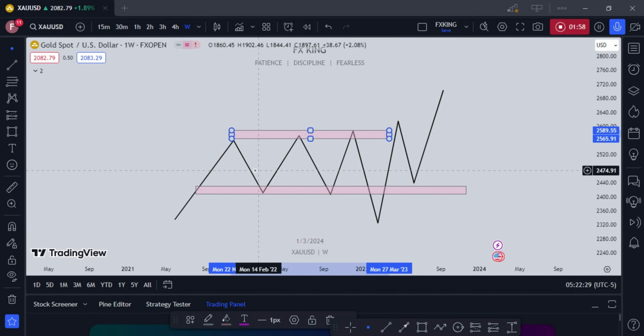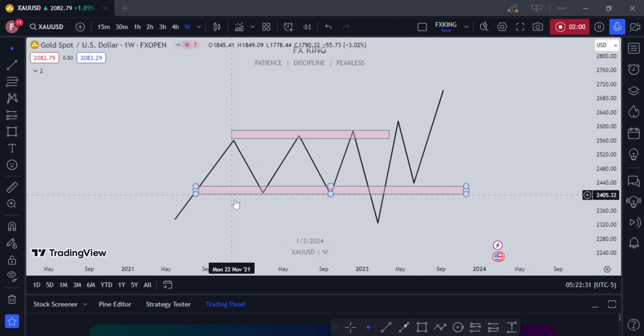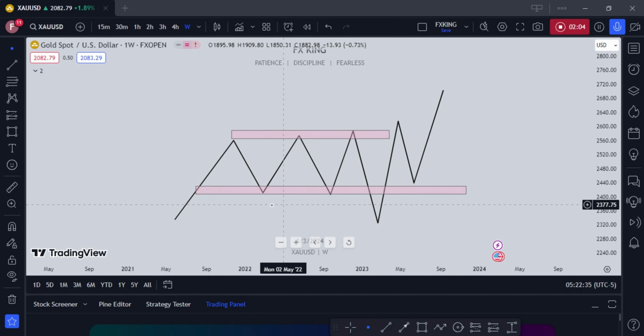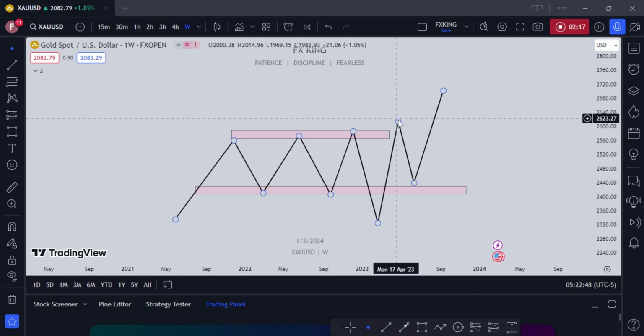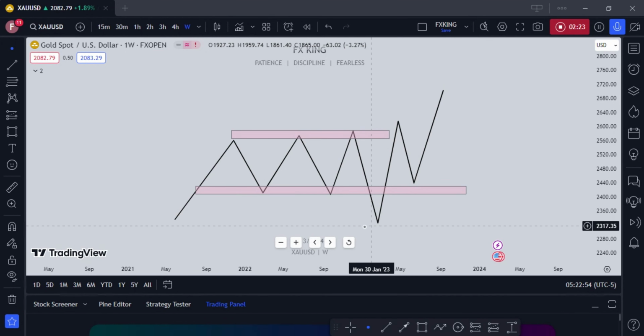One should know that according to SMC concept, there's liquidity lying under here, and more often you see that price will move below here, grab the liquidity when sellers are selling. When sellers start selling, price will move back into the channel and continue up, and the people that bought here will be trapped. The people that sold early will also be trapped.